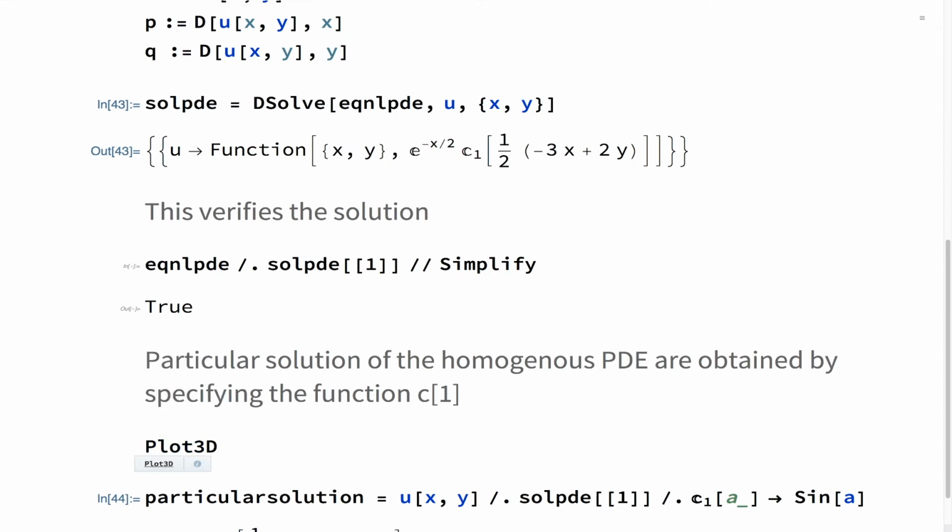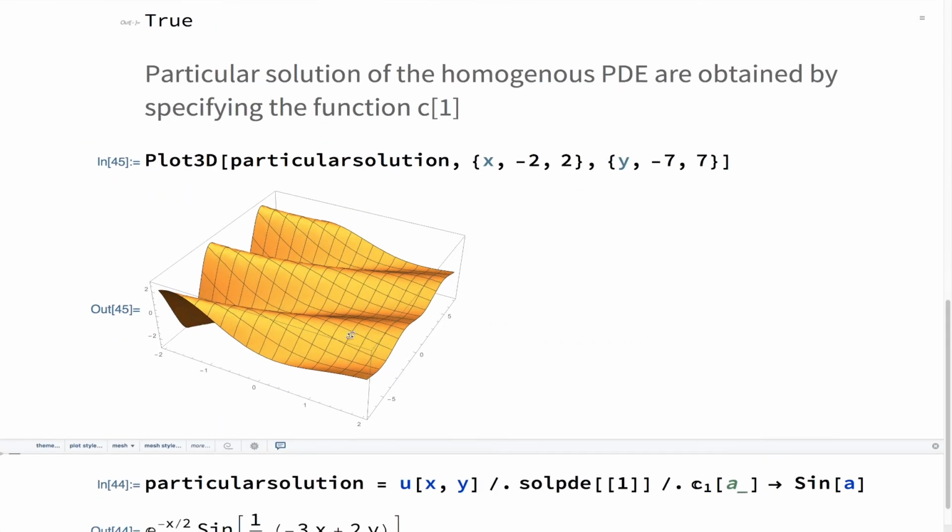So maybe have a Plot3D of this particular solution, and because it is 3D, we have to give both x and y domains. So we say that x will go from maybe -2 to 2, and the y domain will go from -7 to 7, and I can have a 3D plot.